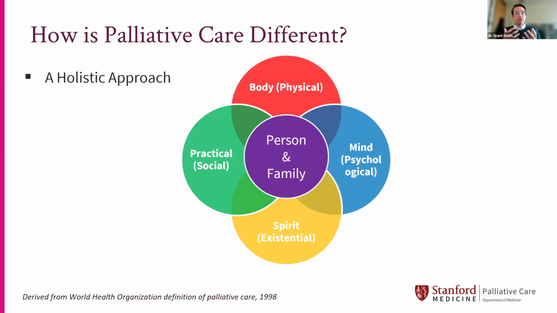But there's also this psychological piece, the sadness, the anxiety, the worry, both for the individual and the caregiver. For some people, spiritual concerns about why this is happening and how to find meaning in what's going on. And then practical things. Do you need a DMV placard? Do we need to get a wheelchair? Our team really understands and tries to respect the fact that all these aspects of life can be affected, and we try to help out in addressing each of these.